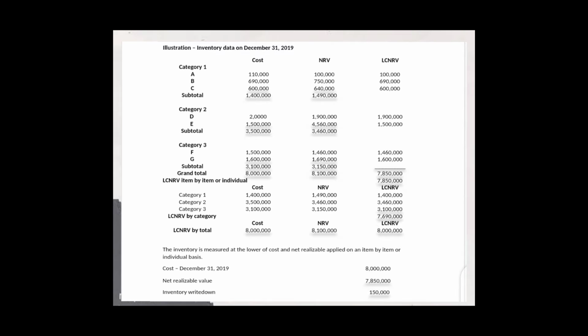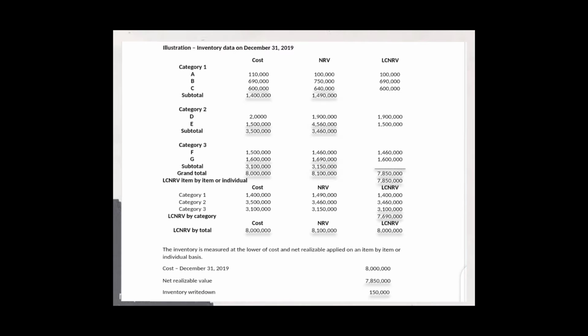I-compare lang natin ngayon yung 8 million versus yung 7,850,000. So, 8 million less 7,850,000, meron tayong i-write down na 150,000.